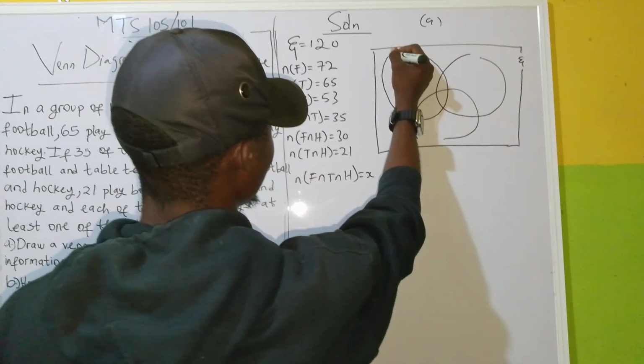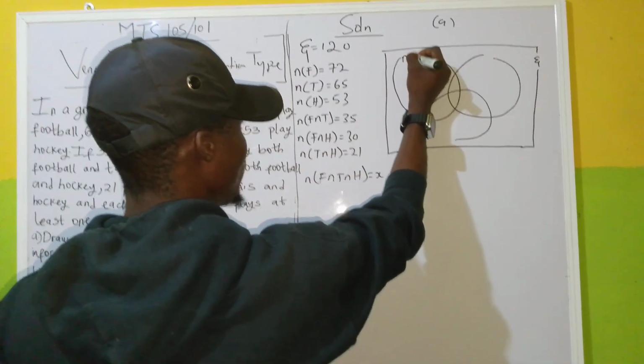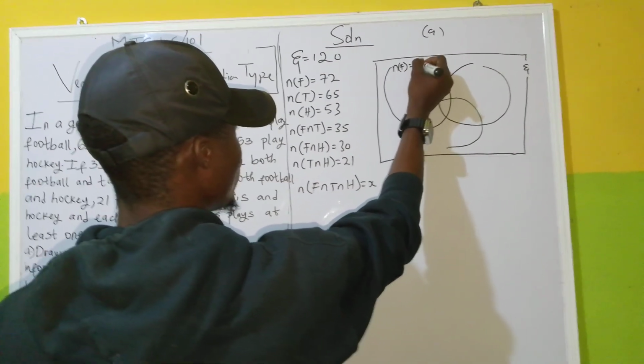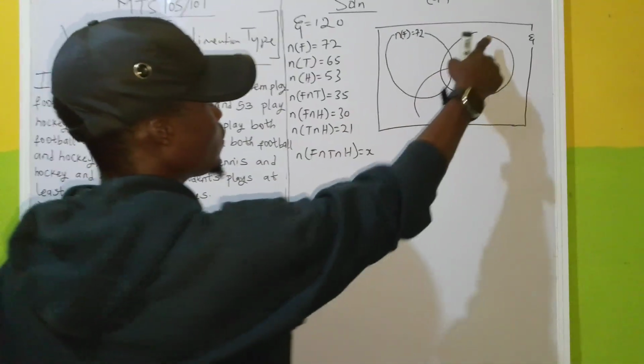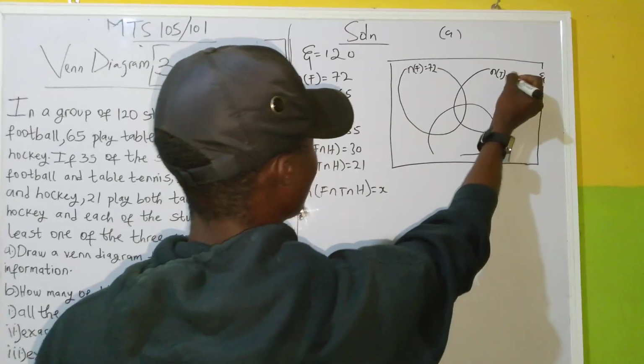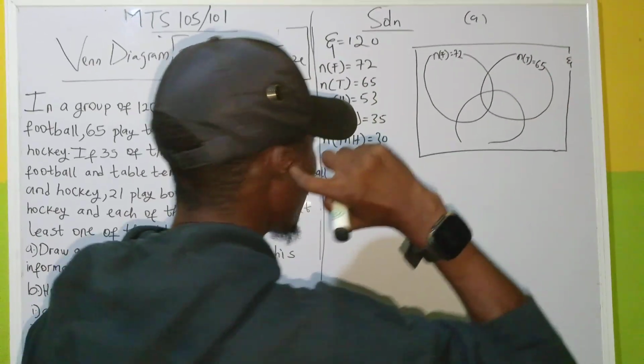The first one is F. Number of F, what do we have? We have 72. The next one is number of T. We have 65. Do you know why I'm not writing it inside?